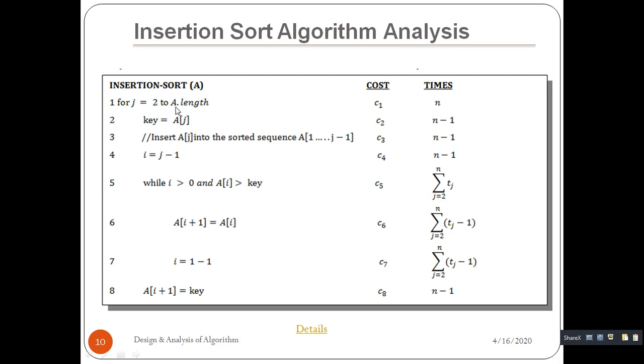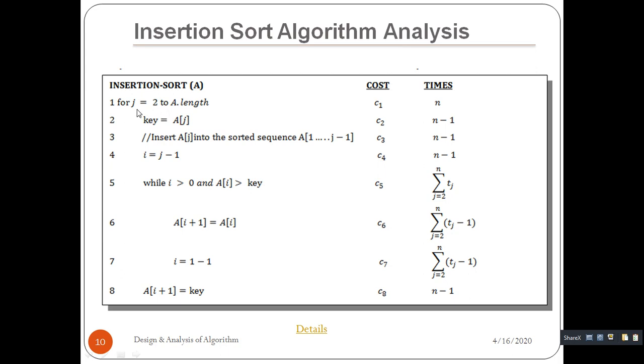Now step 1, how many times will it run? Assume a.length means the length of the list, and let's say it is n. You expect it should run for n minus 2 times, because I am starting from j equal to 2.